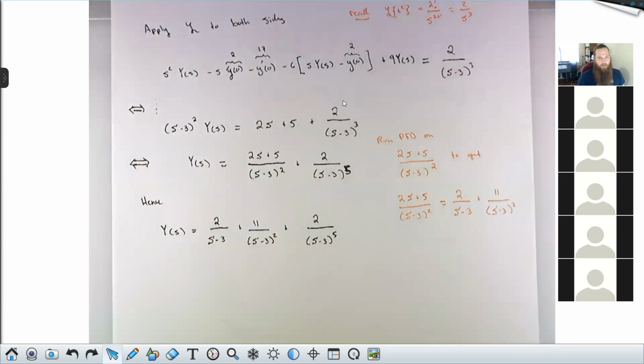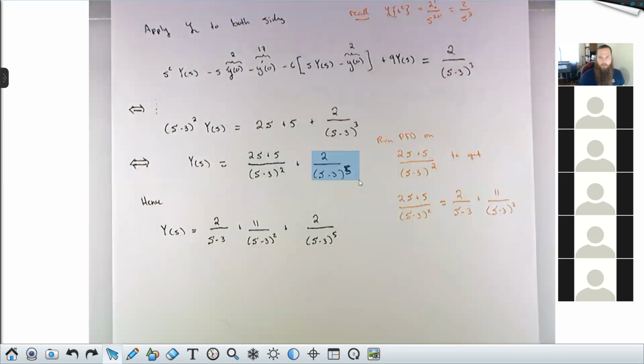And I want to say again, we don't want to have a common denominator here and then run partial fractions. Your common denominator would be (s - 3)^5, and that would make your PFD much worse, right? Instead of just having to decompose something like this, you'd have to decompose something with a power of 5 downstairs.